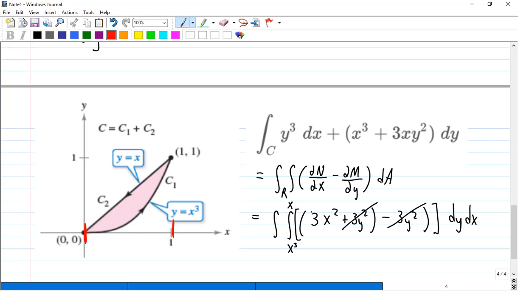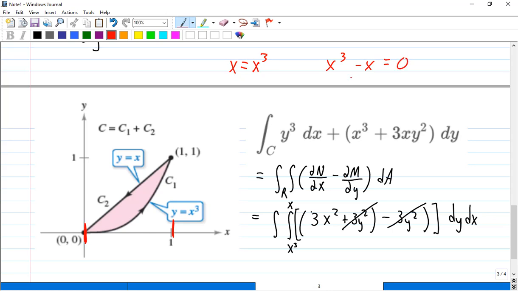If for some reason you don't have the graph or you can't see the graph, you can always set the two equations equal. Then if I move the x over, I'd have x cubed minus x equals 0. Then I could factor out an x, and that would be x squared minus 1 equals 0.